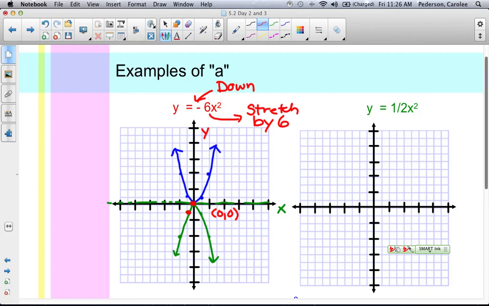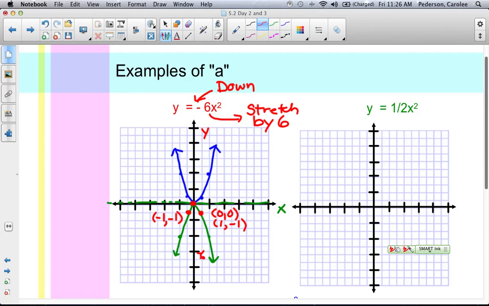So if I think about these 2 points, where they're going to be, right now they're at 1, -1, and -1, -1. They're going to stretch on the y values by 6. So 2, 4, 6.